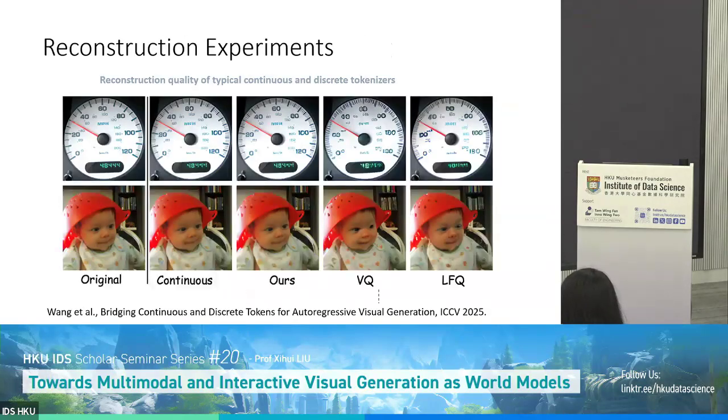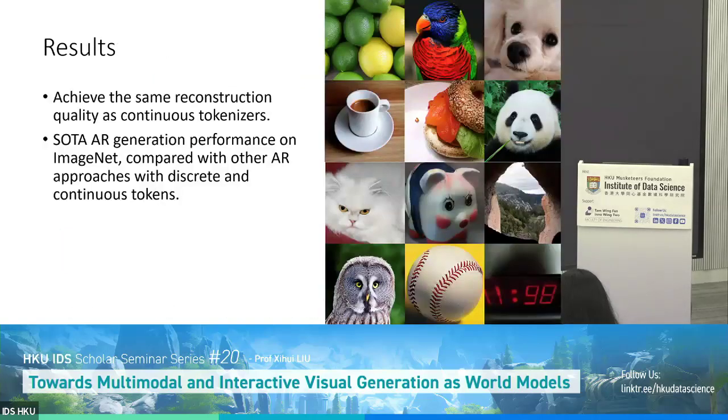So our approach with the post-training quantization can achieve similar performance to the continuous tokenizer. And on generation, we also show that we can achieve approximately the continuous version performance.